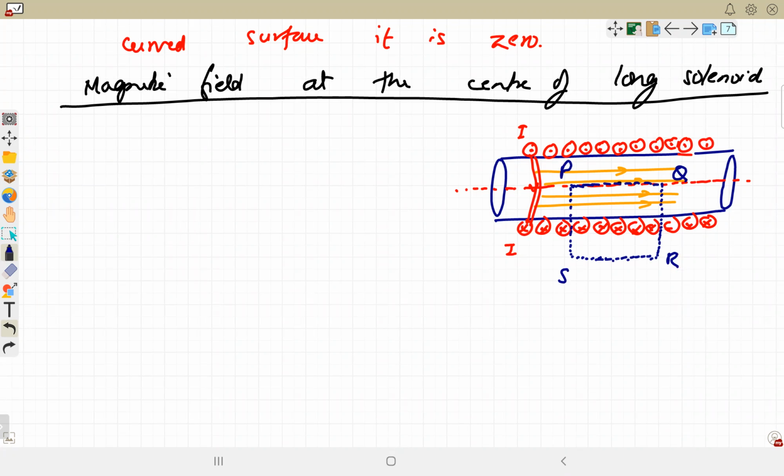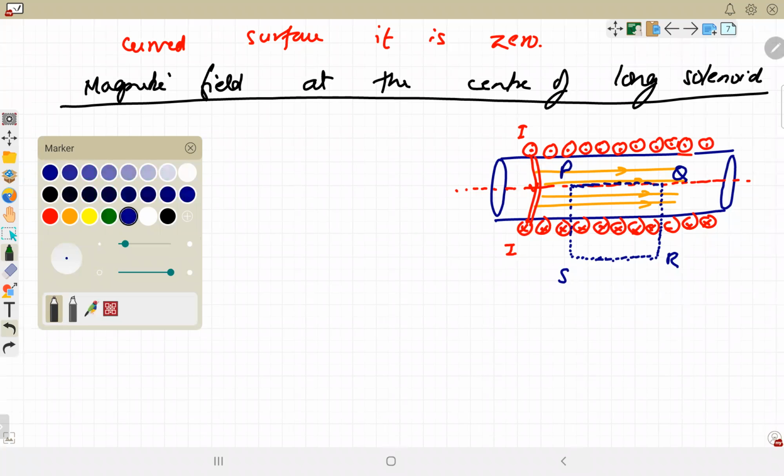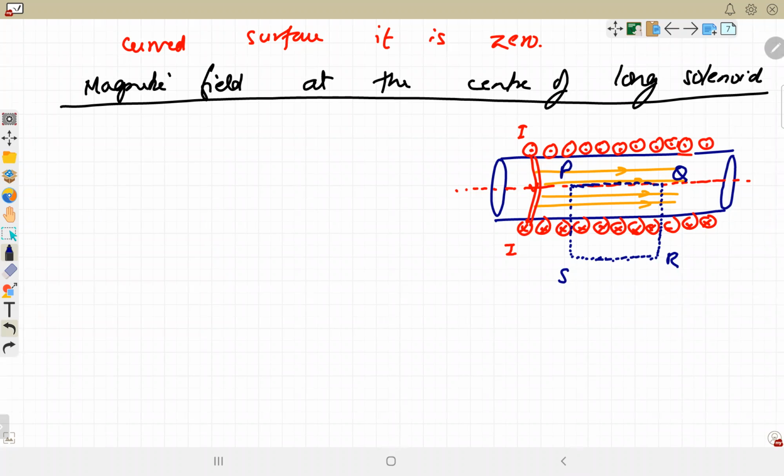It's not necessary to choose a circle only; you choose some loop at every point of which the magnetic field is the same. In this case it comes out to be a square or rectangle, with one side passing through the center or axis. Is this clear? How we choose this to be a rectangle? Understood this part? Yes, sir.